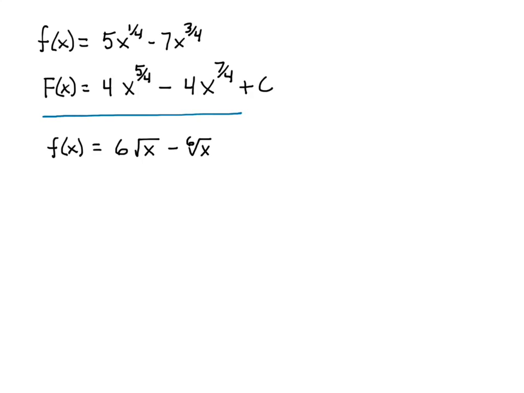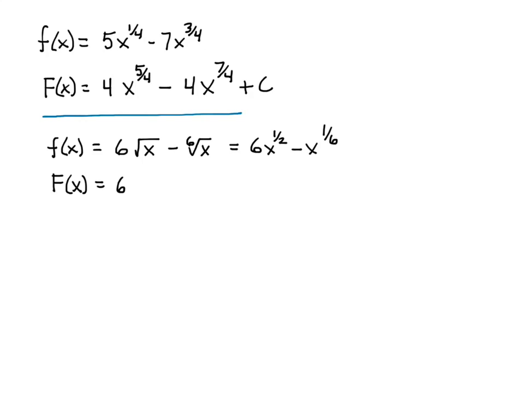Okay, so if we have expressions involving radicals, the approach is the same, except that we put the radical into fractional exponential form. So the first thing we'll do is we'll restate this as 6x to the 1/2 minus x to the 1/6. Okay, so then we look at this the way we did before.